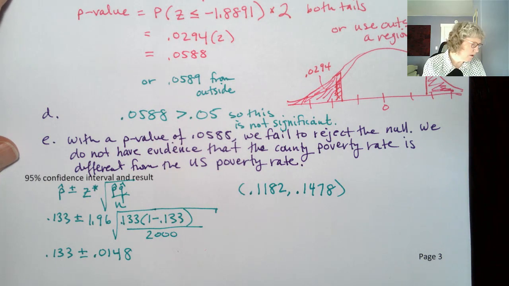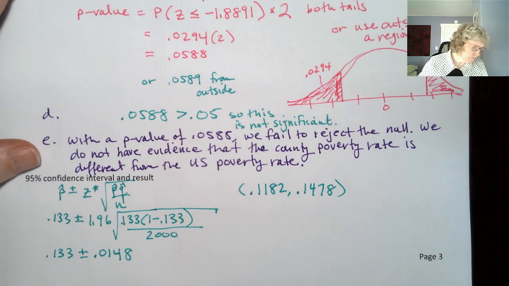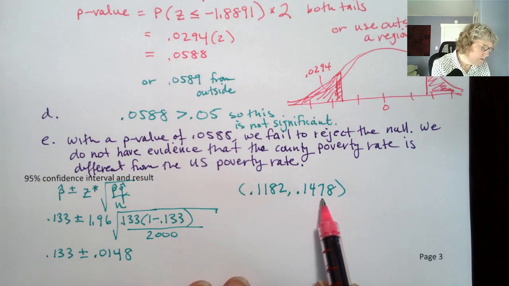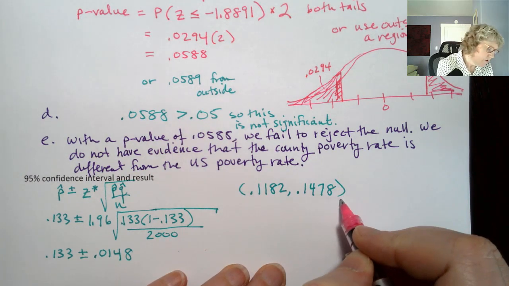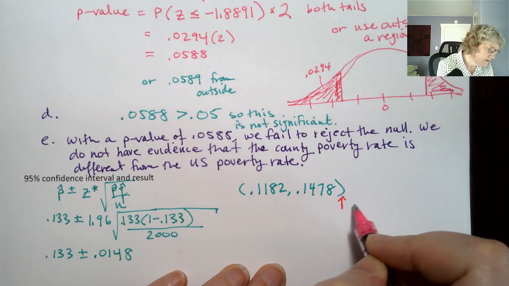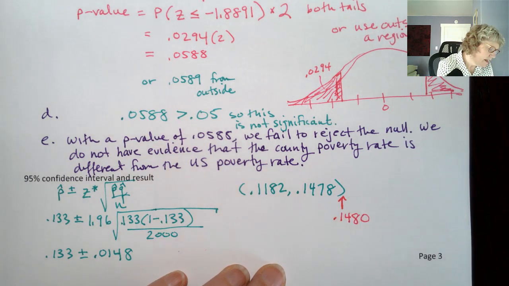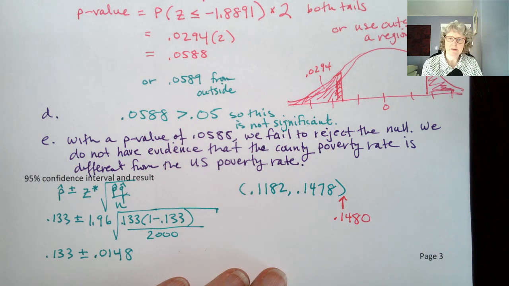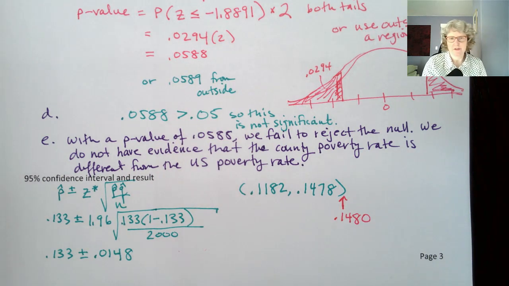Remember the null value was 0.148. Wow. 0.1478 would round, so I'm going to put it right on the edge here, 0.1480. It's just right on the edge of the confidence interval.